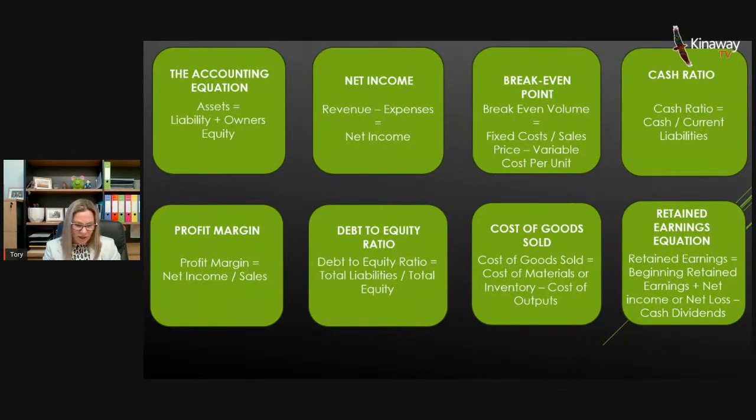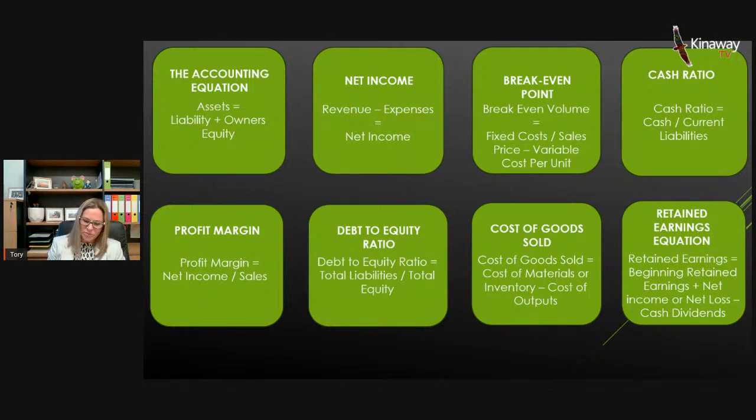Break-even point, what does that mean for you? Fixed costs are recurring, predictable costs that you must pay in order to conduct business. They usually include insurance premiums, rent, employee salaries. So regardless of the income that's coming through, we're still going to have those fixed costs. The sales price is the retail price that you will be selling your products or your services for.